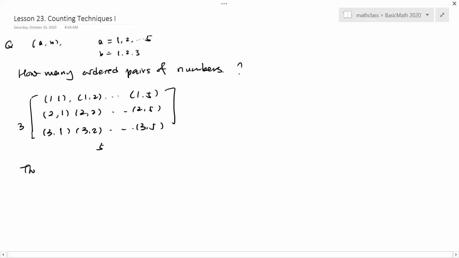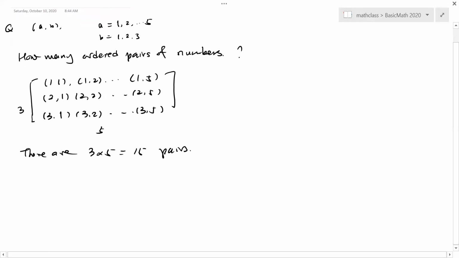There are 3 times 5, 15 pairs, not 60 pairs. It's not 5 factorial. You have to understand why it's the product of these two numbers.